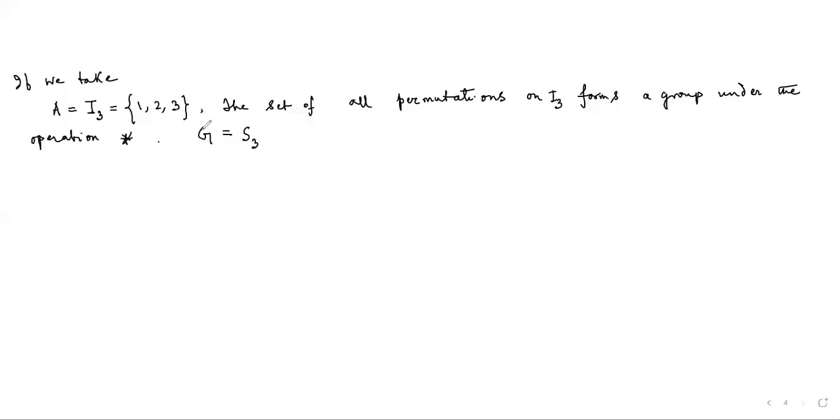So obviously, the notation to represent the permutations defined on I3 will be changed, and now the group capital G is specifically denoted by S3. We can instantly say that S3 will contain 3 factorial, that is 6 elements.